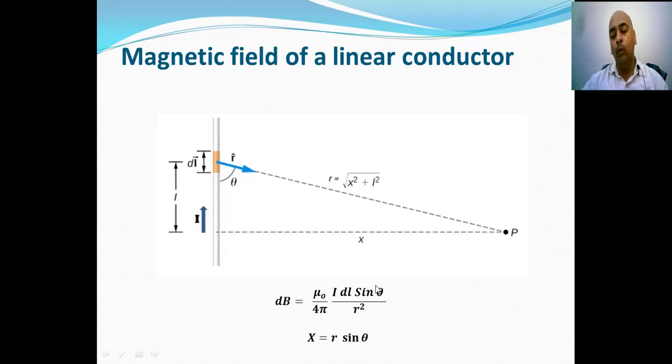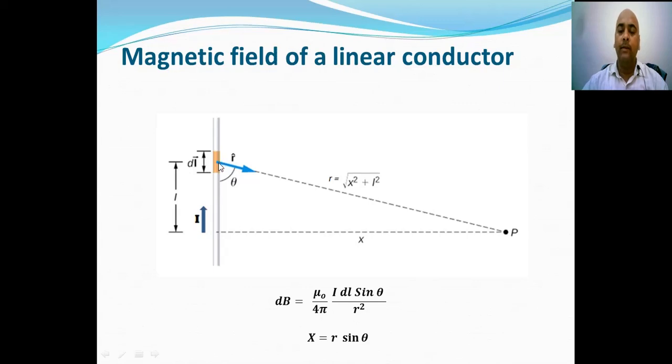Now we need to integrate this equation in order to find the total magnetic field due to this conductor, and here the length of the conductor is infinite. As we need to integrate this equation, here we have three variables. The three variables are dl, sin theta and r square, because the length dl is also variable.